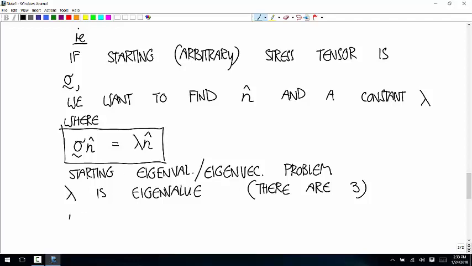And the outward facing normal is the corresponding eigenvector. And it's funny that this is the case, but this problem comes up in a lot of different ways in mechanics.